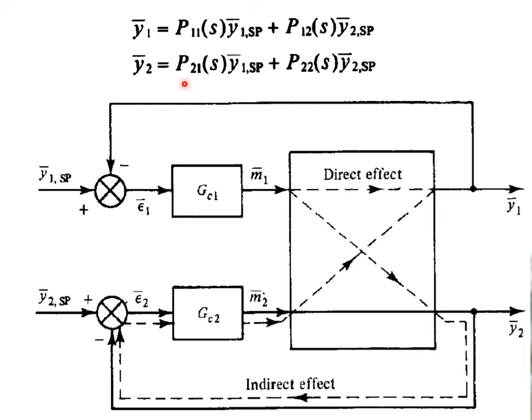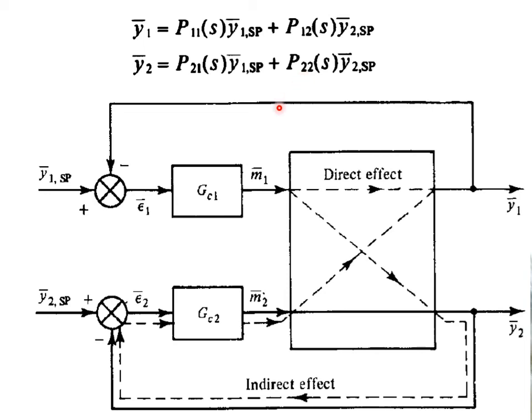So this block is designated as P21, and this will be taken as P22. We are going to see what is the value of P11, P12, P21 and P22 in the next slide.